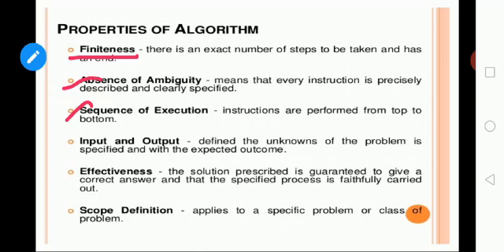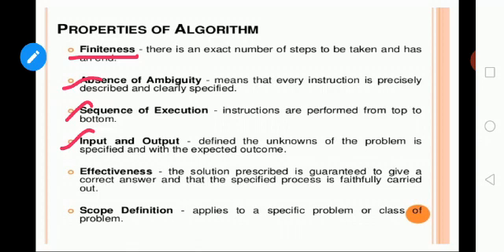So, instructions are performed from top to bottom, like step 1, step 2, step 3 up to the final step. Then input and output defined: the unknowns of the problem are specified with the expected outcome also. So, the input is considered as the unknowns.